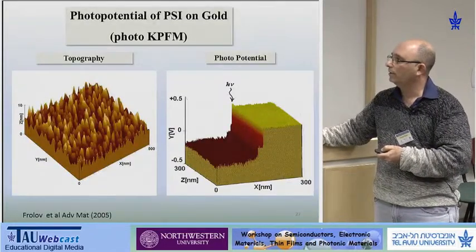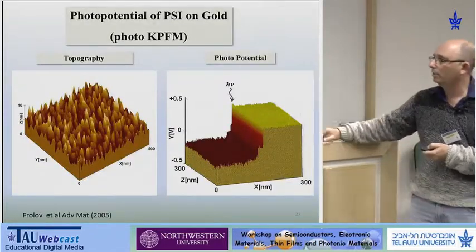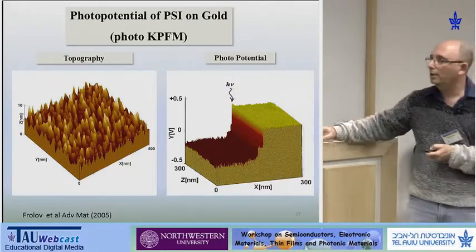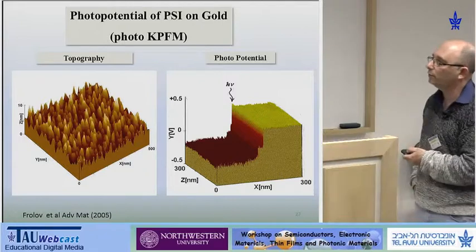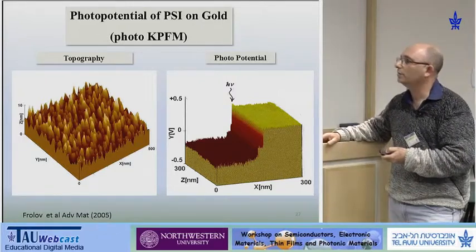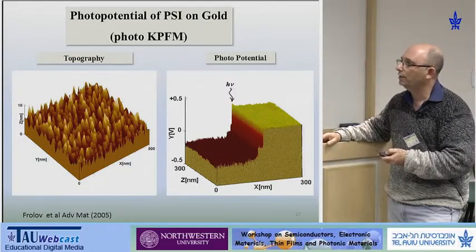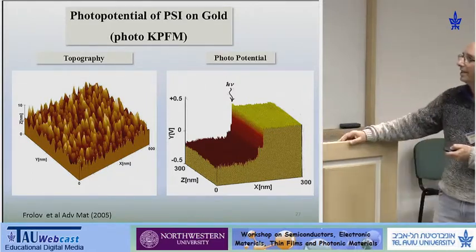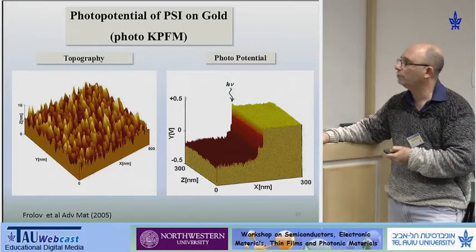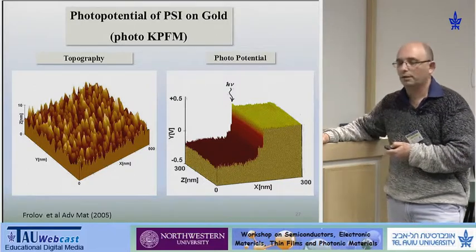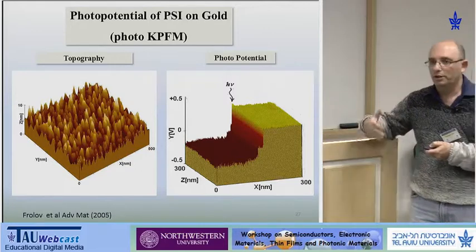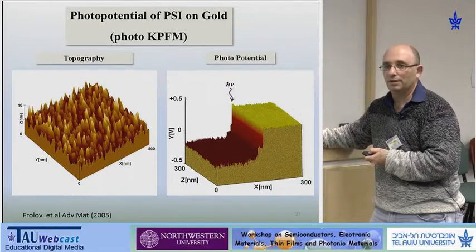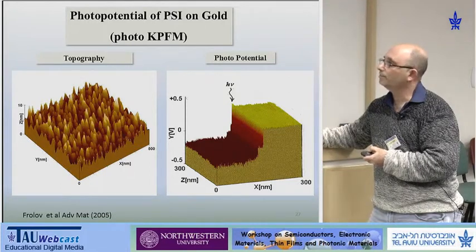So this work was done by Hanoch Carmeli and Yossi Rosenwachs to show that when you make a self-assembled monolayer of this Photosystem 1, it is optically active. So this is the topography taken by AFM, and this is the surface, the light-induced Kelvin probe, that shows that you have an increase of the contact potential difference when you induce light. So this stuff is active in the solid state.